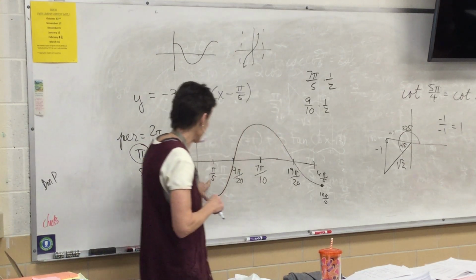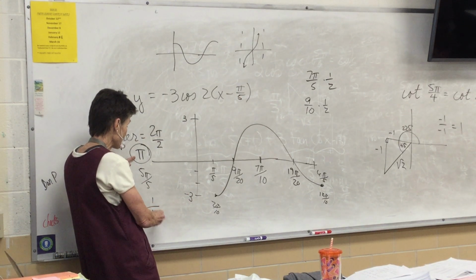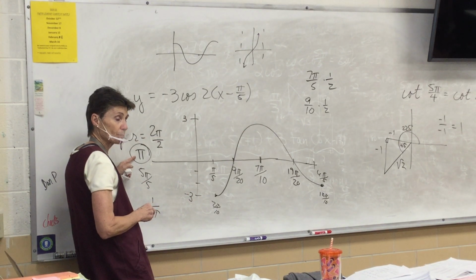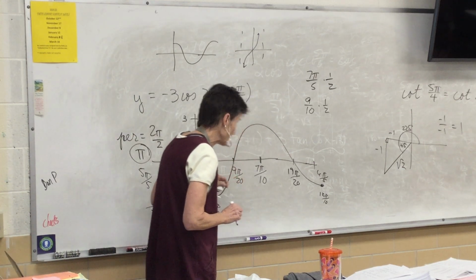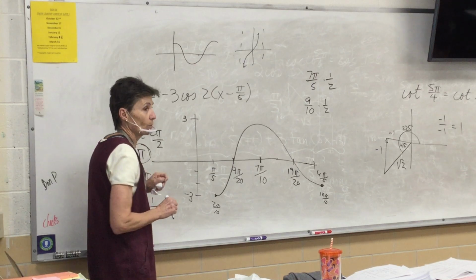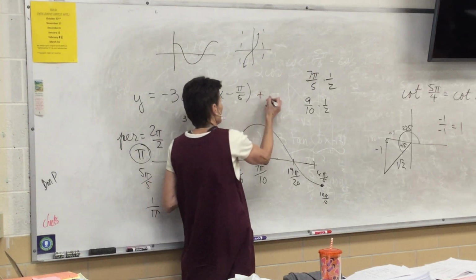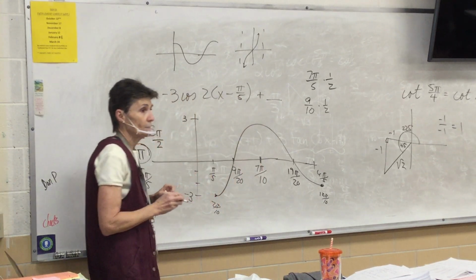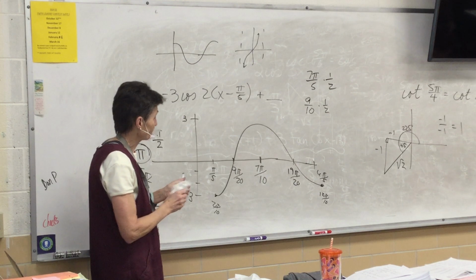My frequency is the reciprocal of the period, so the frequency would be 1 over pi. And my vertical shift is, I don't have one, it's 0. Vertical shift happens when you put a number on the end, right? Picks the picture up or down. We didn't do that.